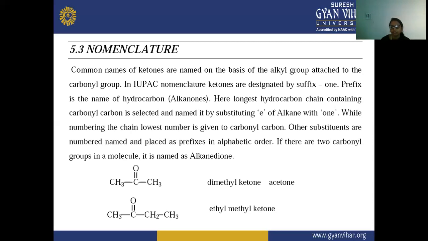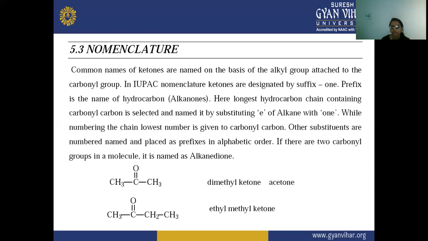From there the numbering will start. Other substituents are numbered, named, and placed as prefixes in alphabetical order. So if other substituents are attached to this long carbon chain, we use the prefix of those substituents in alphabetical order.